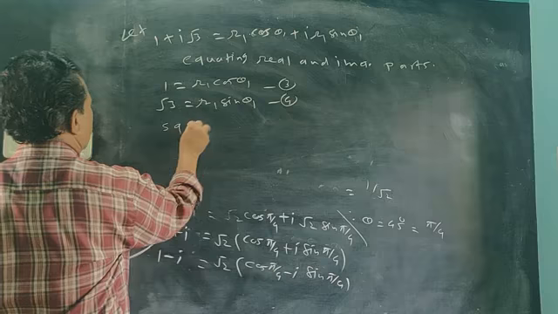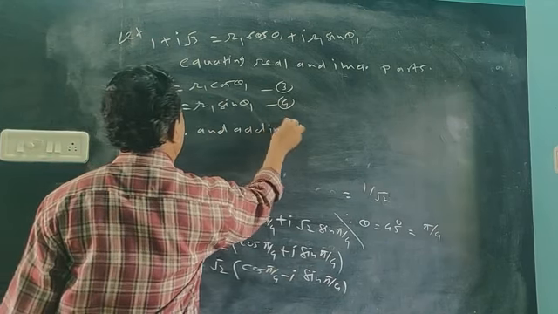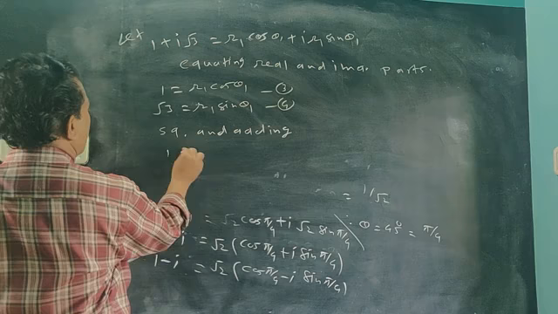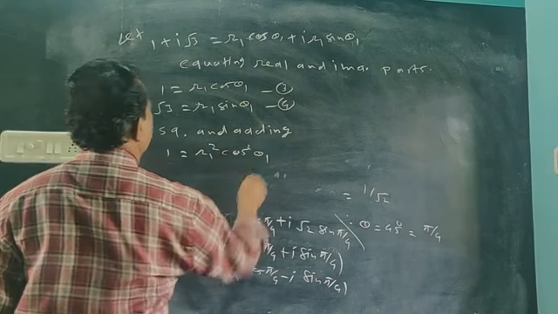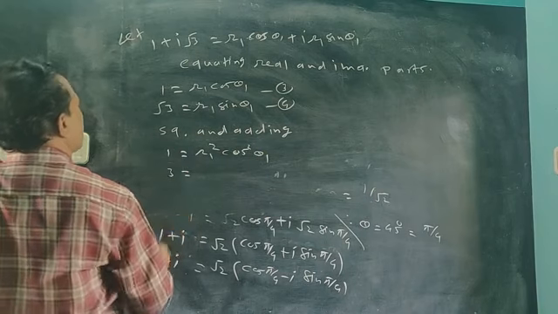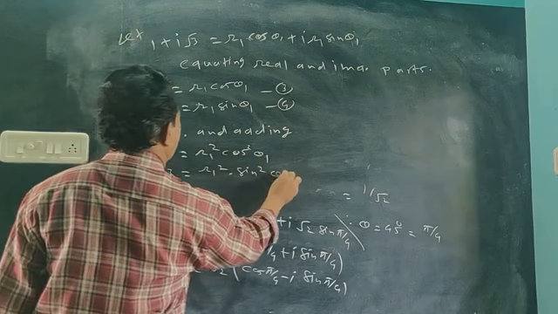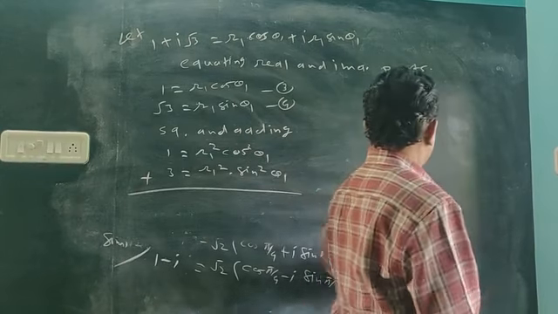Squaring and adding. So 1 square 1, r1 square cos square theta 1; root 3 square 3, r1 square sin square theta 1. Also addition, same step.